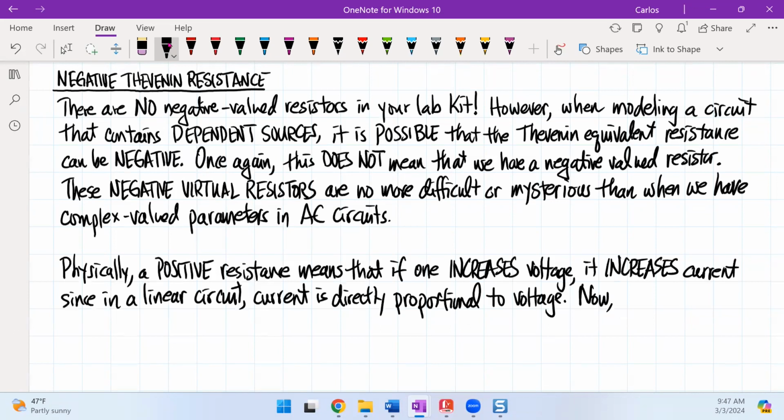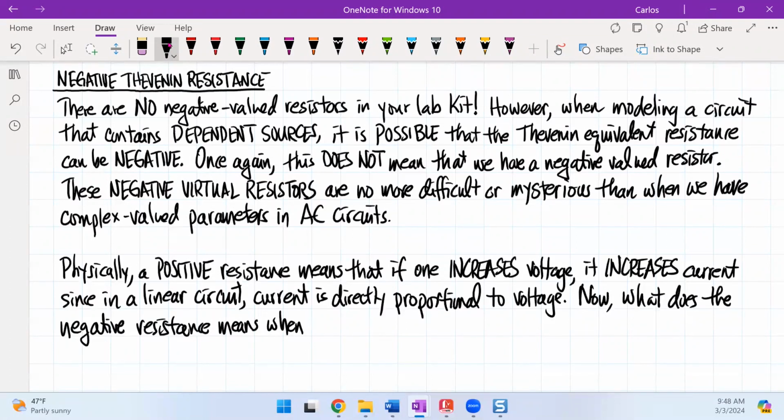Now, what does the negative resistance mean when one uses Thevenin's theorem?